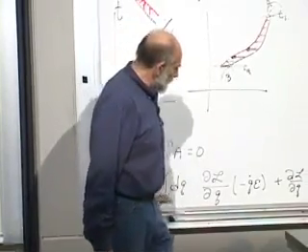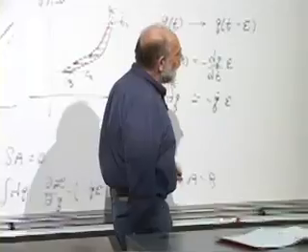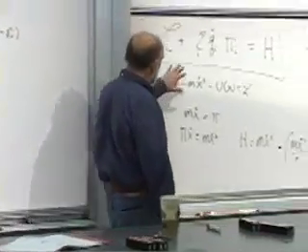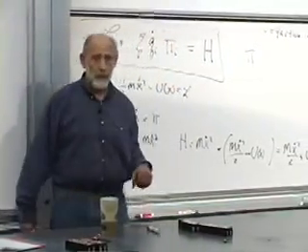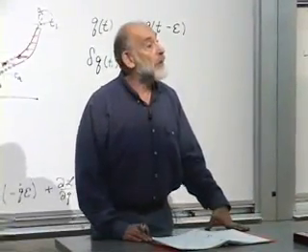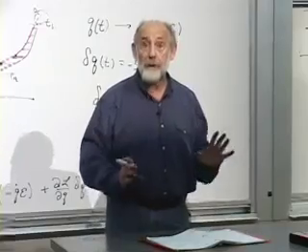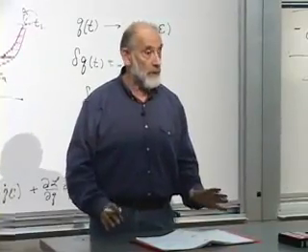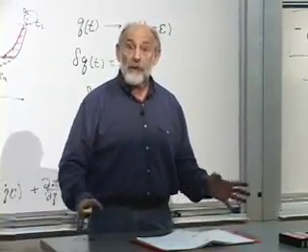If that's the case, this whole derivation breaks down and the energy is not conserved. But next time, remind me, I'll work out what happens to the energy if the Lagrangian has an explicit time dependence in it. The answer is energy is not conserved.